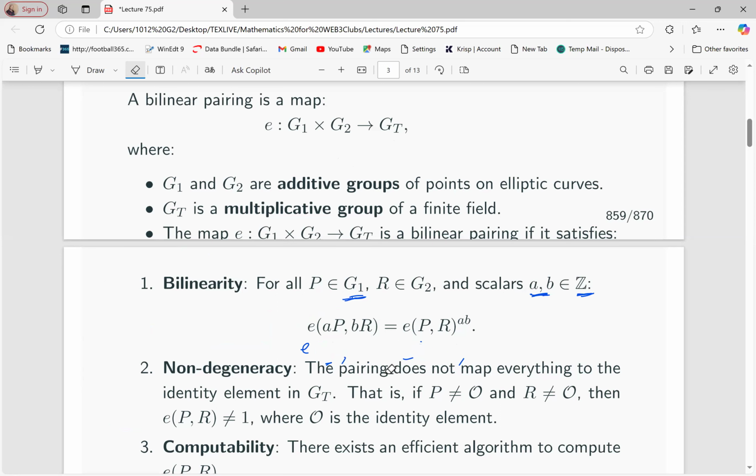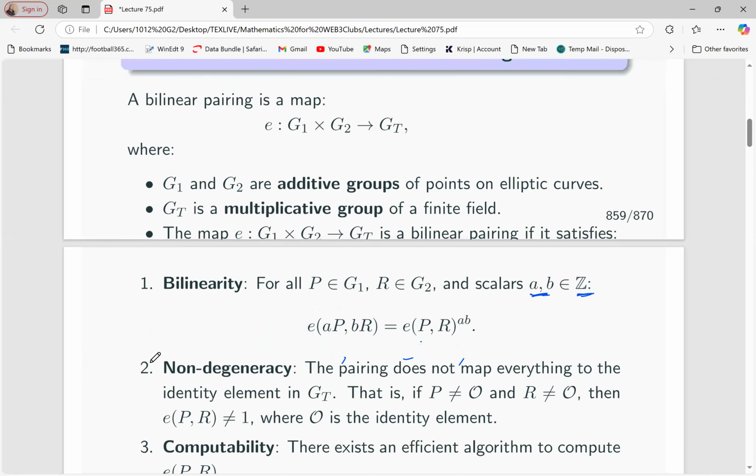Of course, the groups on the left side are additive groups. So that is the first property that this map must satisfy to be a bilinear pairing.